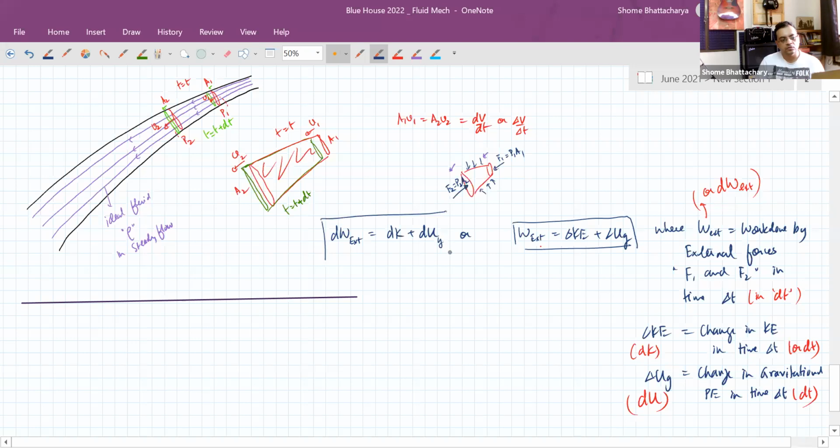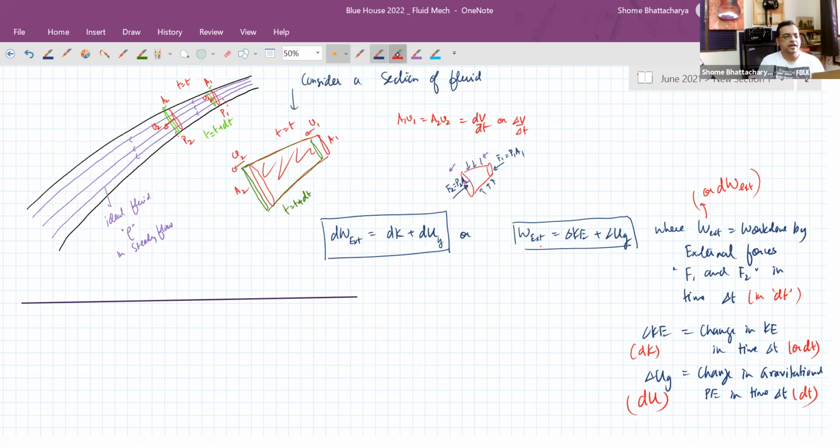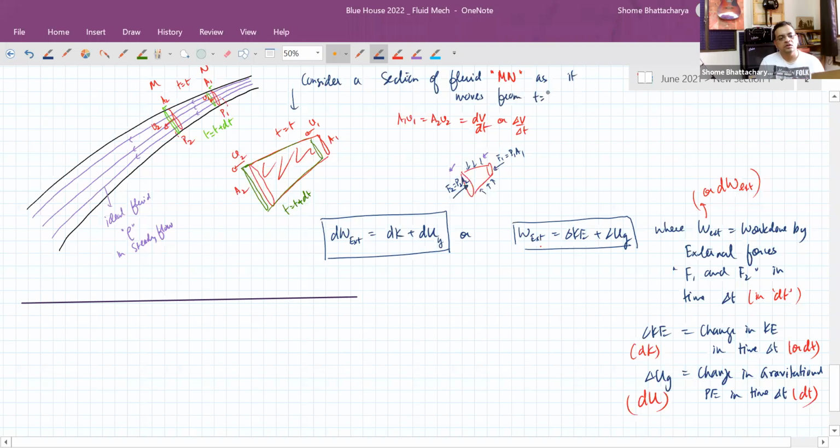So first of all, here we consider a section of the fluid. Let's say in the diagram, the section of the fluid is between the points M and N, this section, as it moves from time t to time t plus dt.